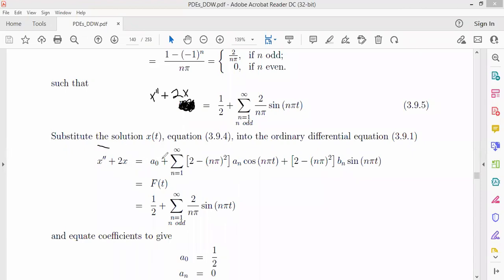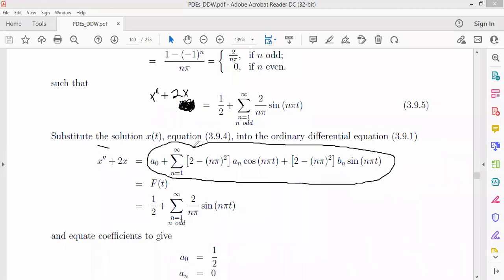But now we are going to equate the whole of this one, which is the left-hand side, to this one, which is the right-hand side.